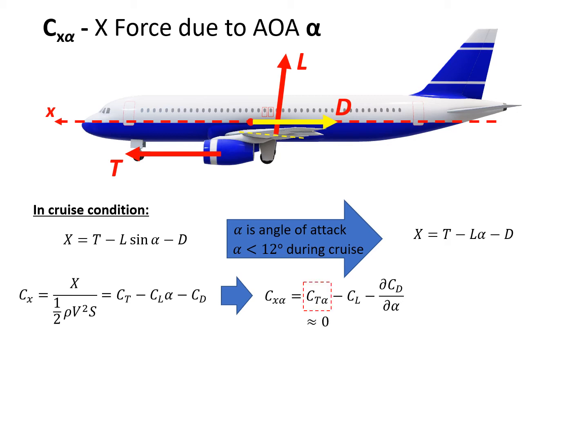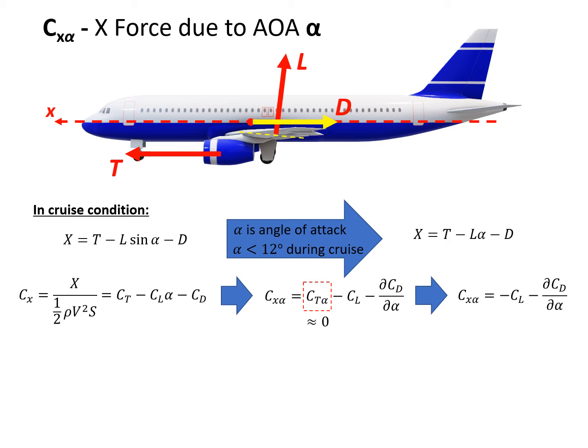Usually the angle of attack won't give a lot of change in thrust. So Ct alpha, we can assume is 0. Then we can simplify Cx alpha. It equals minus Cl minus partial Cd partial alpha. So this is what we have.